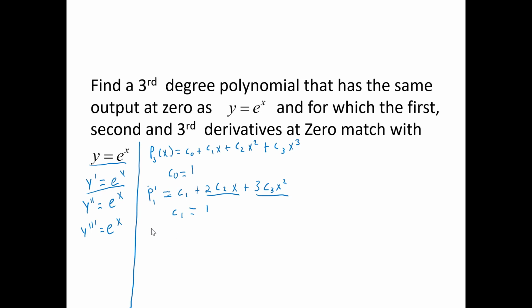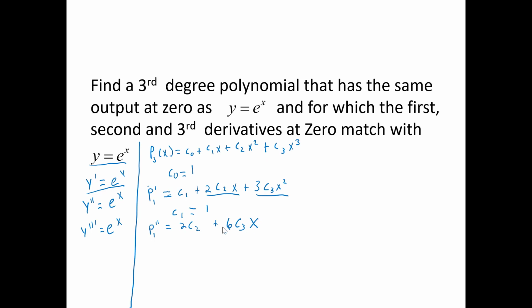And so then to find C2, again we look at the derivatives, find the second derivative, and then this term goes away. The derivative of the second term is just 2C2. And then the derivative of this one is 6C3x.